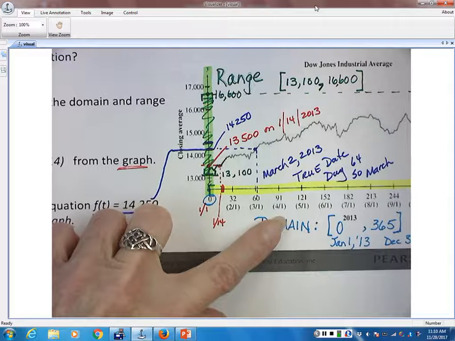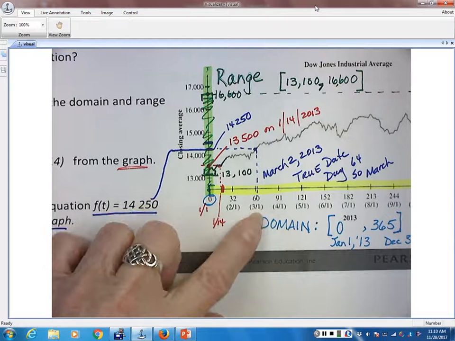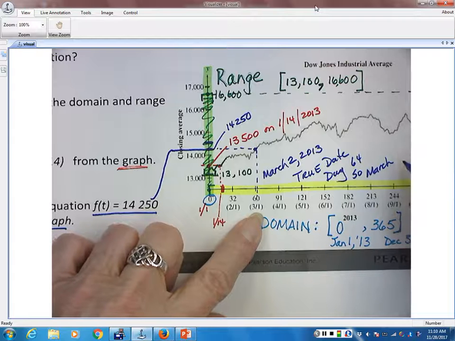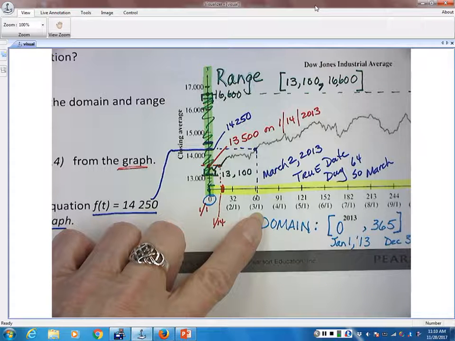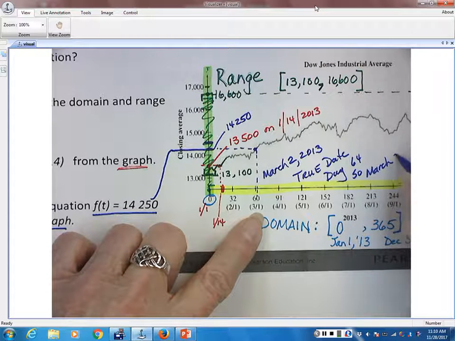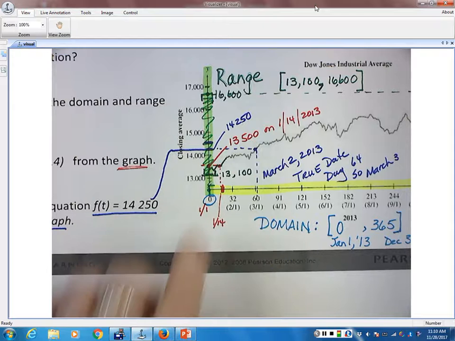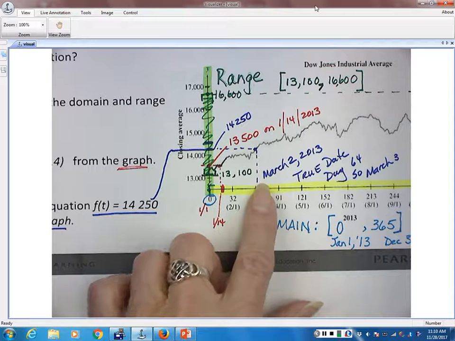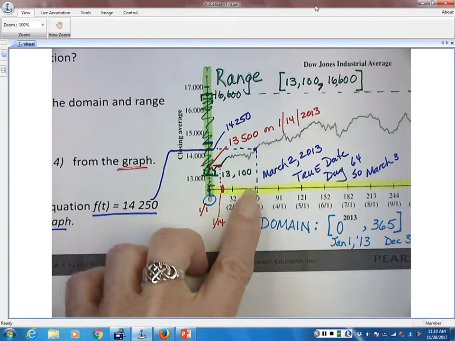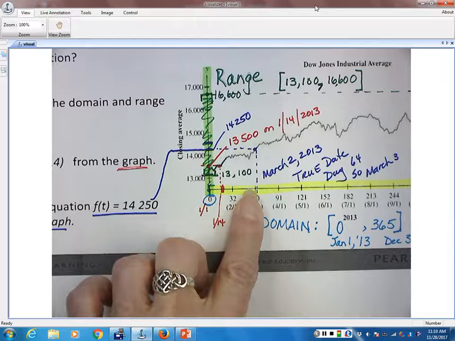And day 64 would be March 3rd, I think. Let's see. I think they said it was the 5th. So maybe March 3rd. If you told me you thought this was March 3rd, I wouldn't argue with you. If you told me you thought it was March the 5th, I wouldn't argue with you. In fact, if you told me it was March the 1st, you'd still be really close.